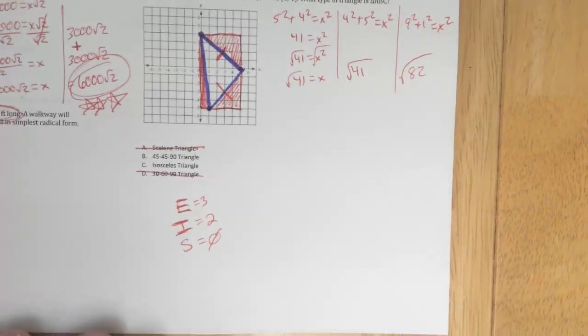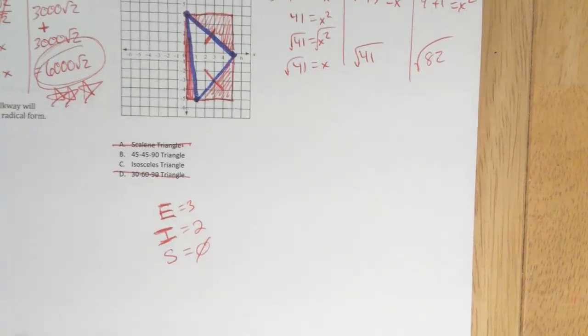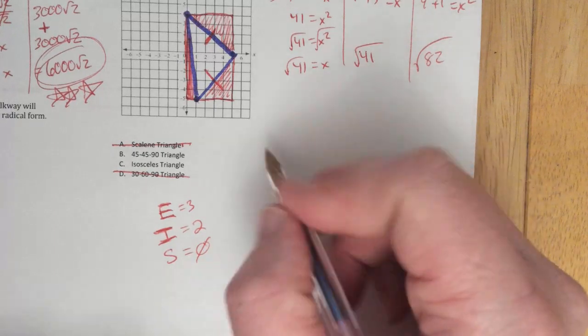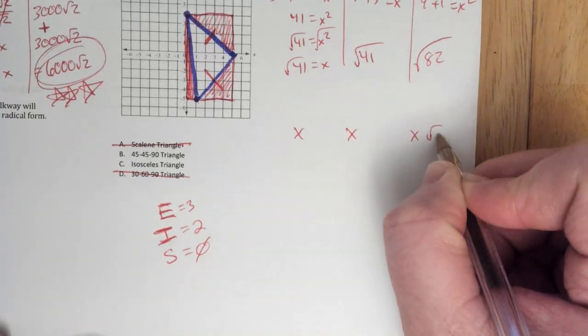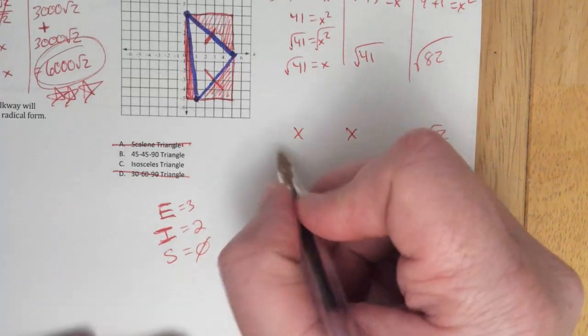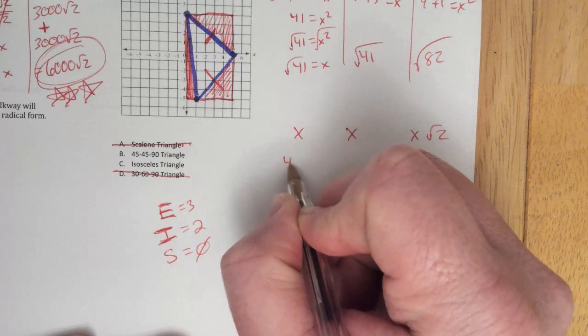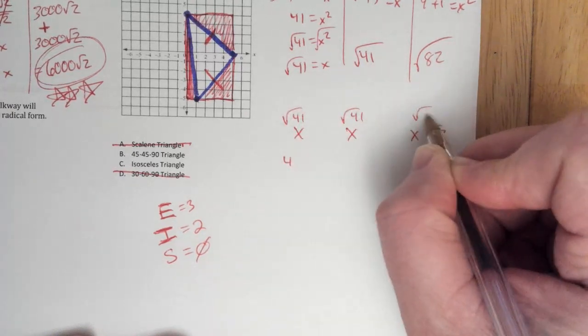Okay, so now all we have to do is see. I'm going to zoom in a little bit. We have to see, are the x, x, and x radical 2 happy? Well, let's see. So we have 41, square root of 41, square root of 41, and square root of 82.